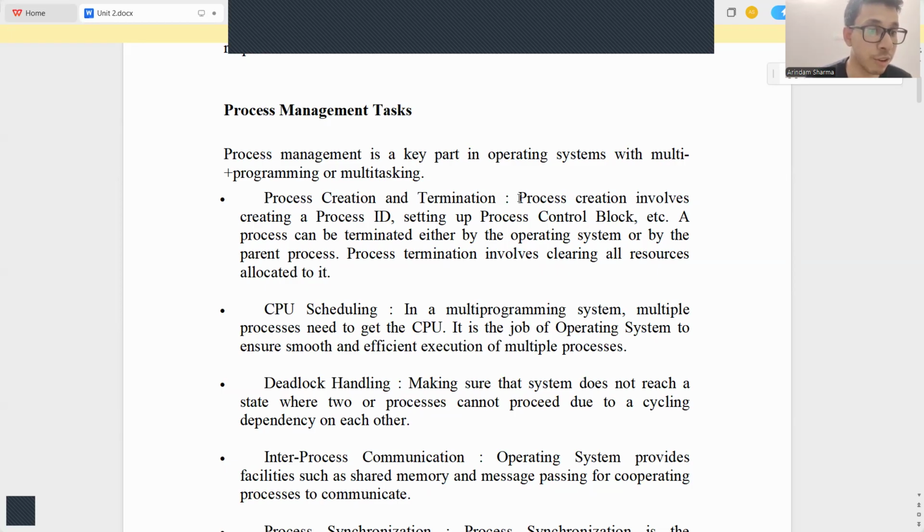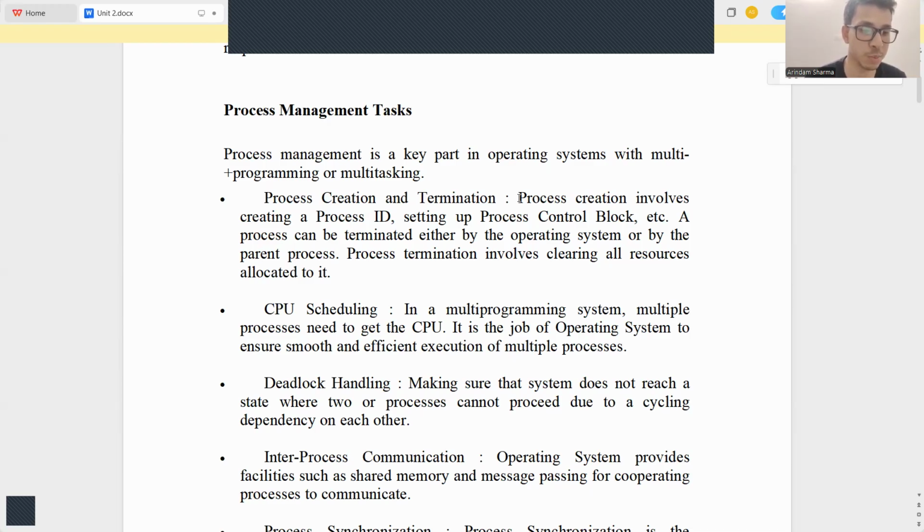When a process is running, it is taking some resources like memory or other input-output devices. Once it has completed its execution, it will clear all the resources and give them back.